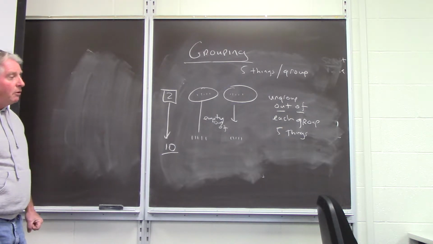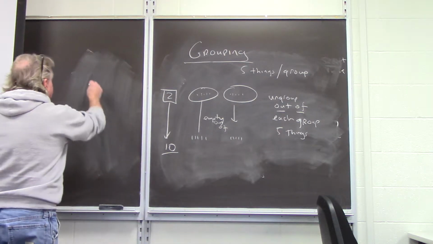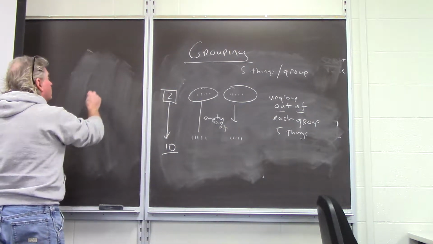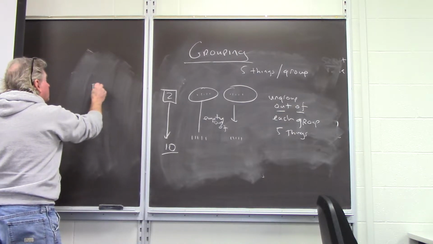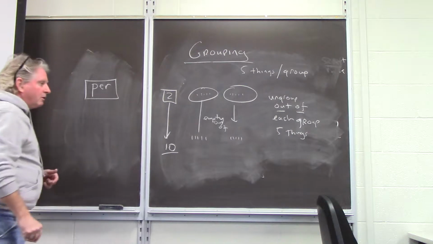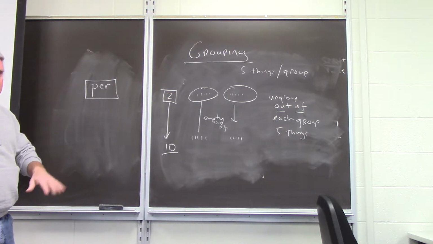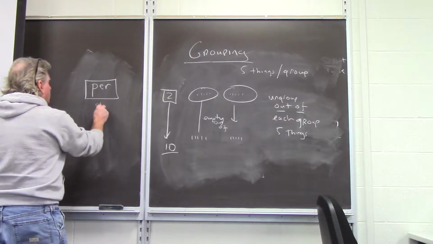All right, so we can do this with any kind of group. You'll always be able to identify a group if it has a per statement in it, or a ratio. Okay, and it turns out that every single conversion factor is a per statement.